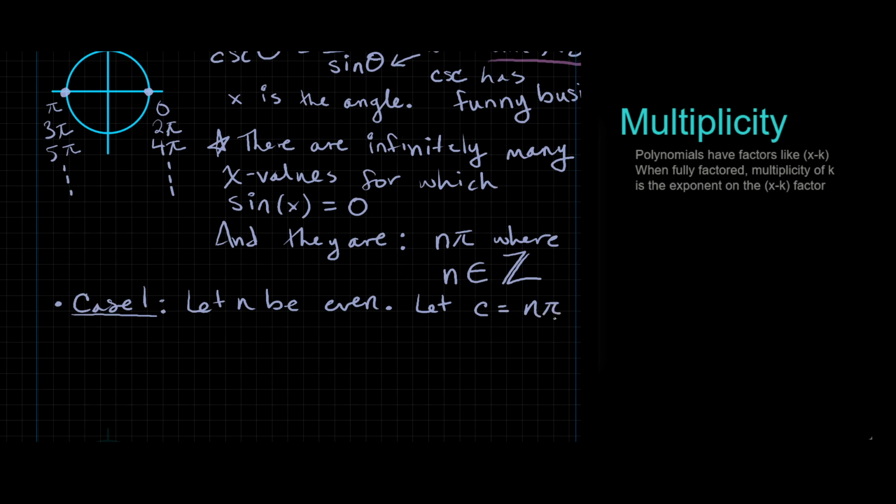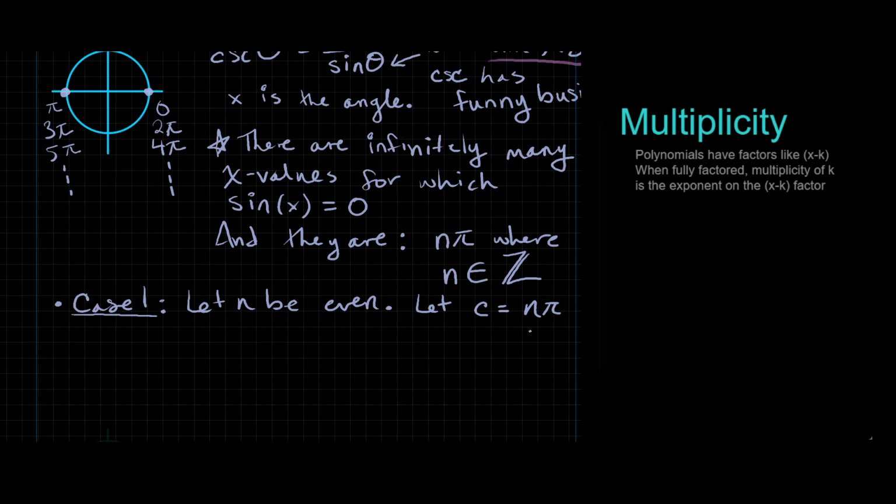So c could be, we don't know what it is, it's arbitrary. c could be 0, it could be 2 pi, 4 pi, 6 pi, negative 2 pi, negative 4 pi. We're going to try to say something about the behavior of all of those things at the same time by letting n be arbitrary. Letting this n be arbitrary instead of choosing one will establish the behavior for all of them at once.